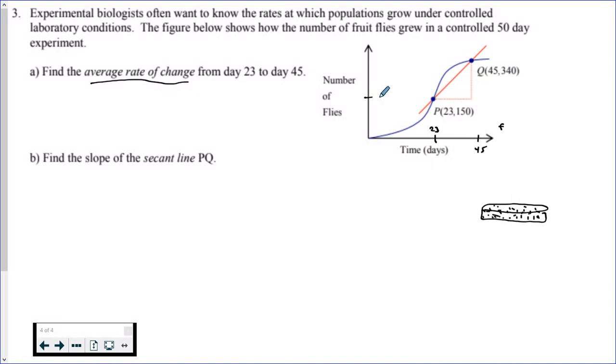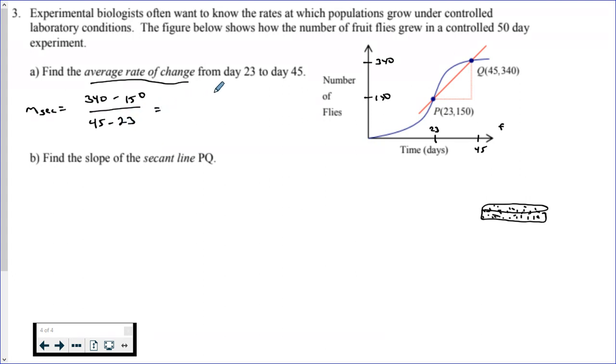This value here, it'd be f of 23, which, all right, they're telling you that's 150. And this f value, y, whatever you want to call it, y value here is going to be f of 45. Well, they told you that's 340, right? So, okay. Find the average rate of change in y's. So that's going to be 340 minus 150 over change in t's or change in x's, right? 45 minus 23.